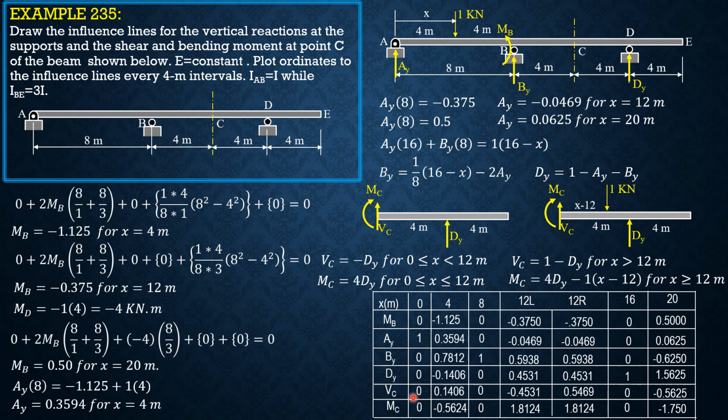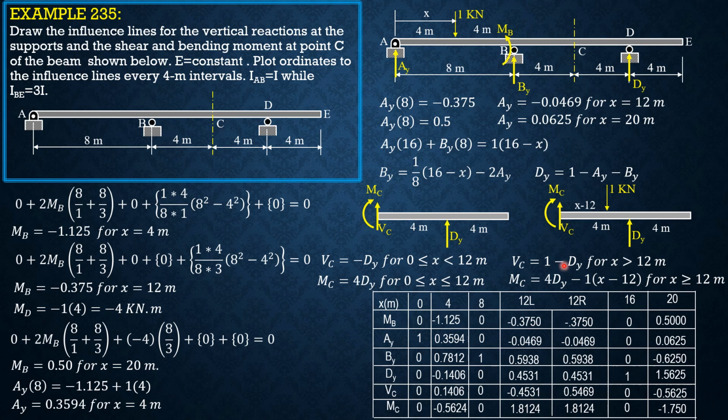Then for shear at C, when x is 0, shear at C is 0. This is the formula: negative dy, so negative of negative 0.1406 is positive 0.1406, negative of 0 is 0, and just to the left of 12, negative of 0.4531 is negative 0.4531.